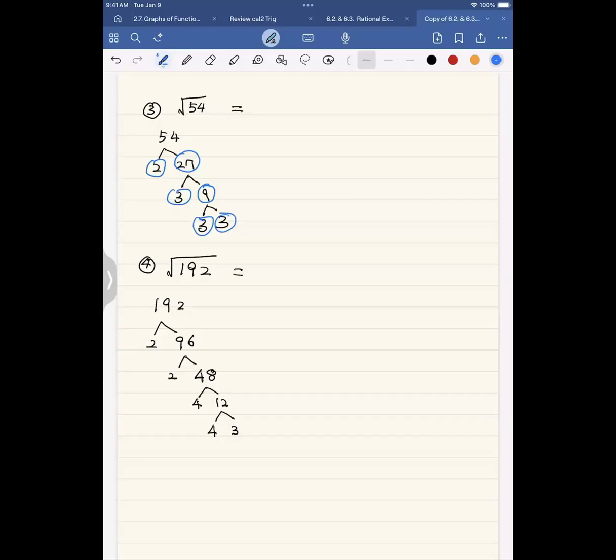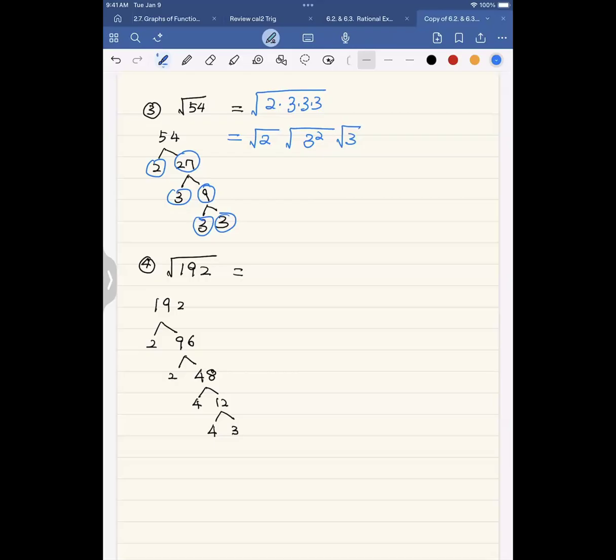So we can write it as square root of 2 times 3 times 3 times 3. We can separate it like square root of 2 and then square root of 3 squared times square root of 3.